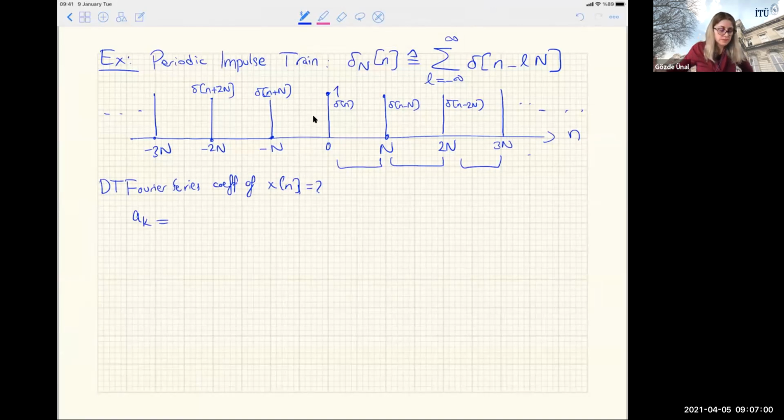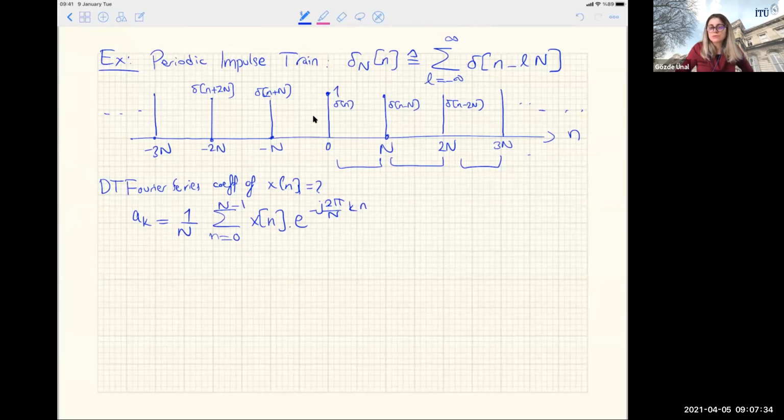Yes, I think you guys probably replied, we are almost clear with the Fourier series representation. Okay, so let's apply our definition. What is the definition of Fourier series coefficients? 1 over N, sum from n equals n0 to n0 plus N minus 1. I can sum over these harmonically related basis functions multiplied by the signal itself.